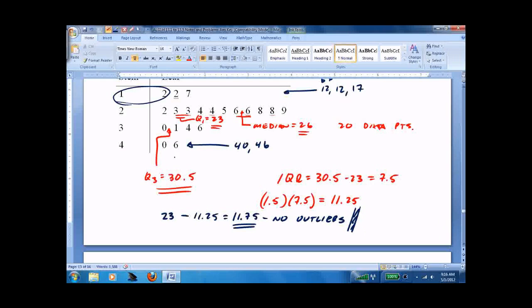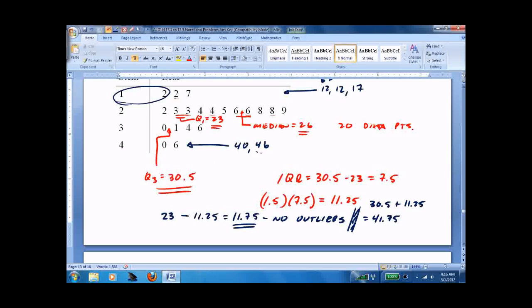Now look at the top side. Take Q3, 30.5, and add 11.25. We get 41.75.